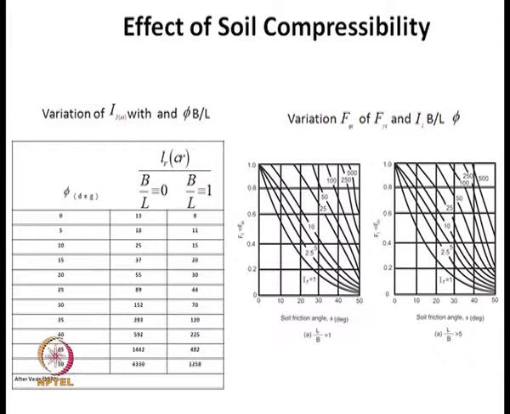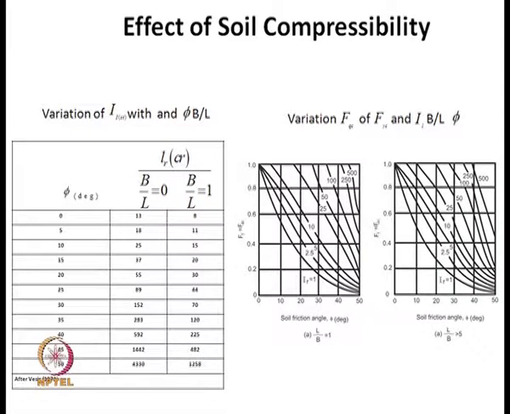So, in this fashion we can do it for different L by B values, and if L by B is greater than 5, then we have to use this chart. Now, if the values are in between, then by using linear interpolation we can determine these factors.